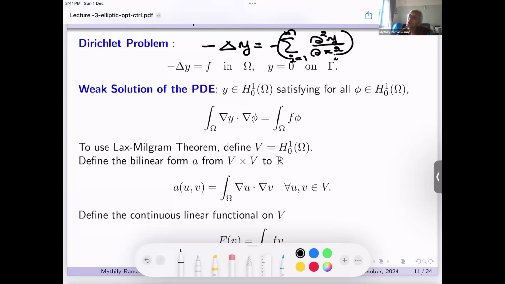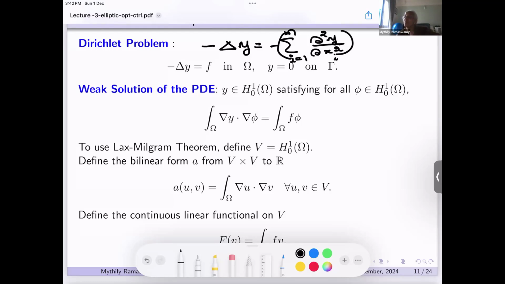So we have to worry about the solution of the PDE. Usually it is easier to prove existence of a weak solution. And weak solution means I have to go to a suitable Sobolev space. If you are familiar with the Sobolev space H1 0, the 0 represents that y vanishes on the boundary of the domain gamma.